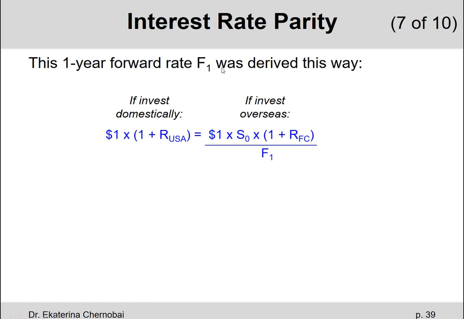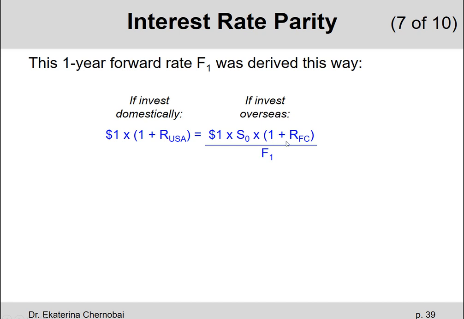This 1-year forward rate, F1, let's review how it was derived. If money is invested domestically, we take our $1 and multiply it by 1 plus RUSA. If money is invested overseas, then we take our $1, first convert it into the foreign currency by multiplying by the exchange rate, S0, and then we add the interest rate to it.